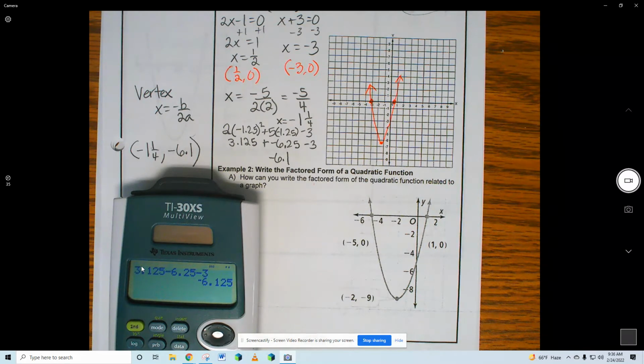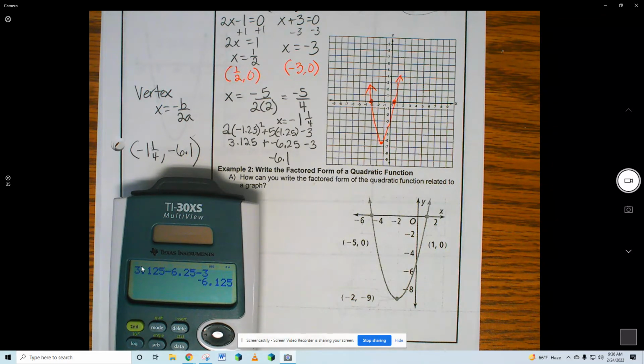I'm given a quadratic. Next one. How can you write the factored form if I'm given a graph? So now I'm given this graph, so I need to write down, what are these x-intercepts?